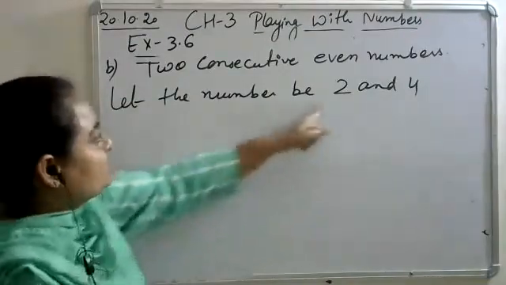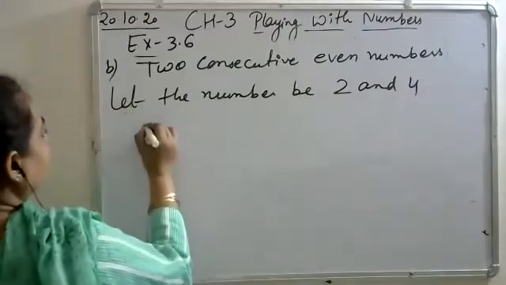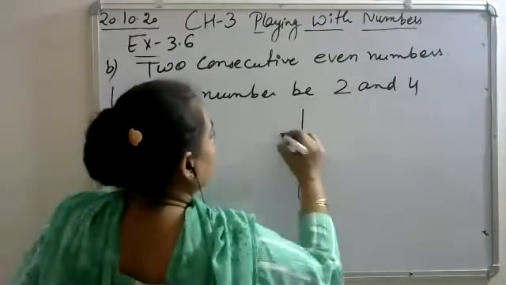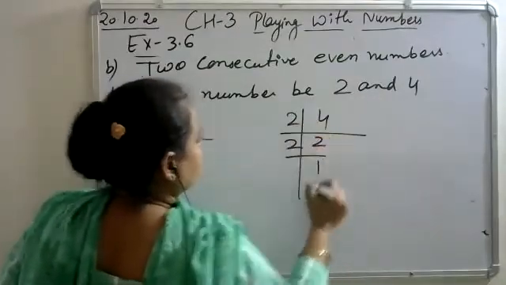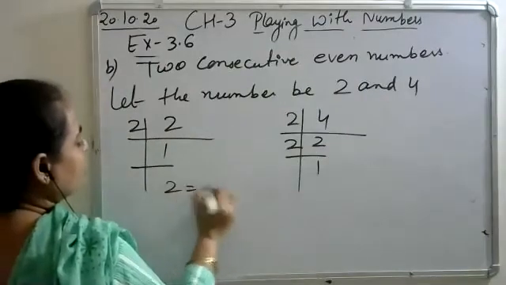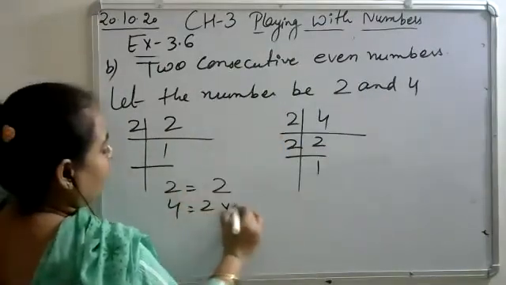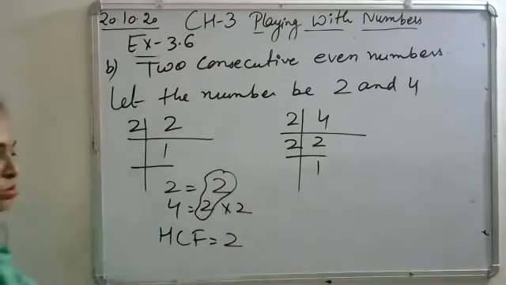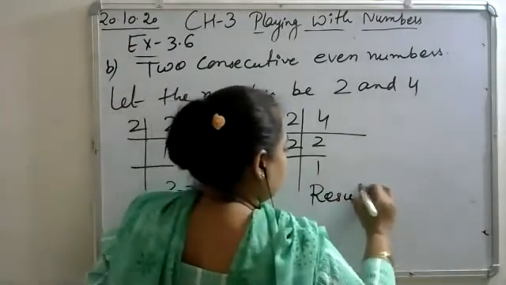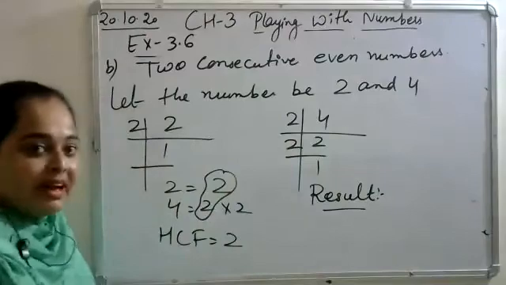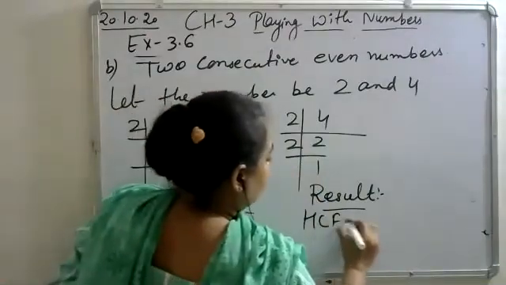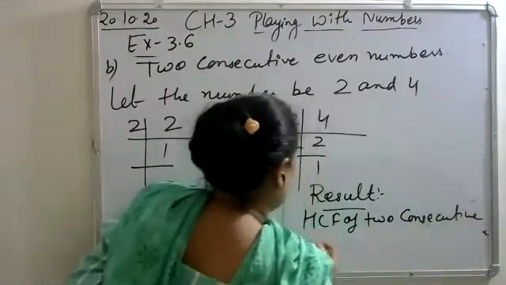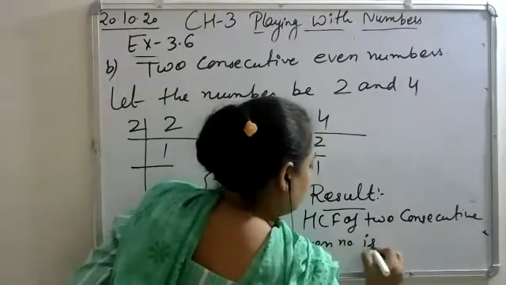Now let the numbers be 2 and 4. 2 is 2 times 1, and 4 is 2 multiplied by 2. So what is the HCF? The HCF is 2. So in the result you will write: HCF of two consecutive even numbers is 2.